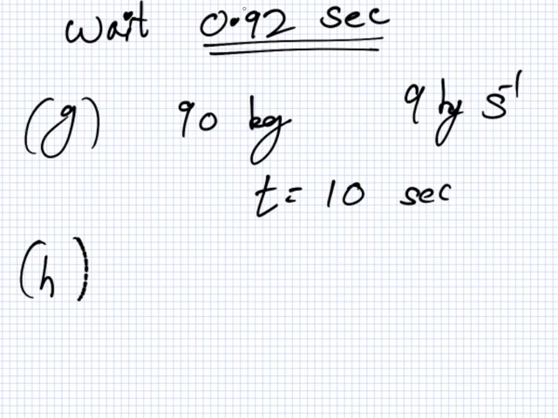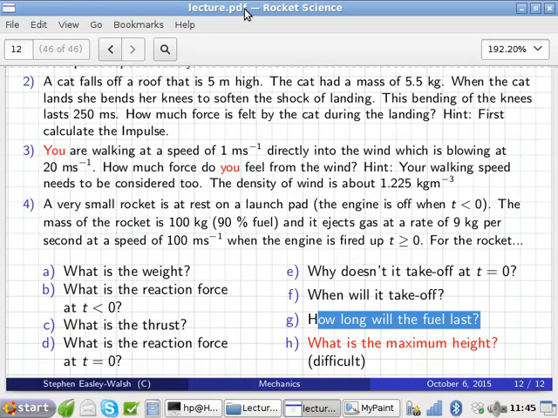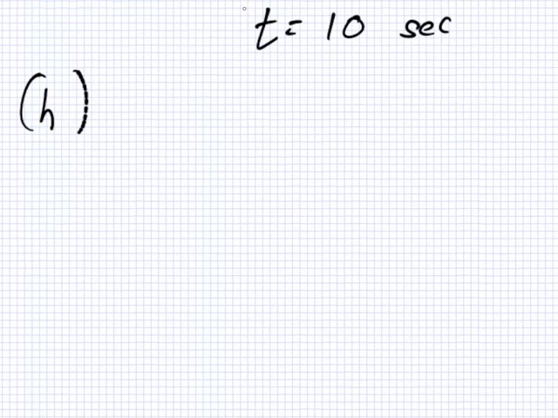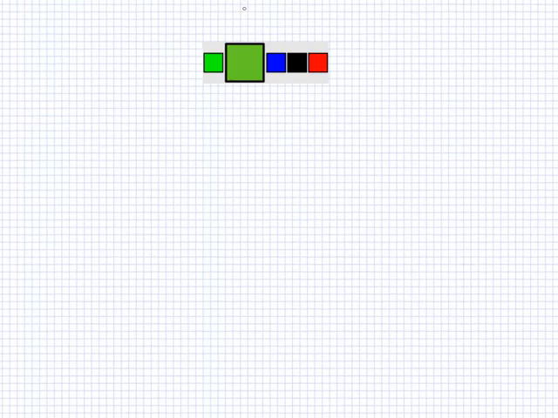Okay. Now the last part is what is the maximum height of the rocket, which is difficult. So let's have a look at it. The rocket has a few parts. First part, it starts on the ground and it goes up, and then 10 seconds later, what happens? The fuel is gone.